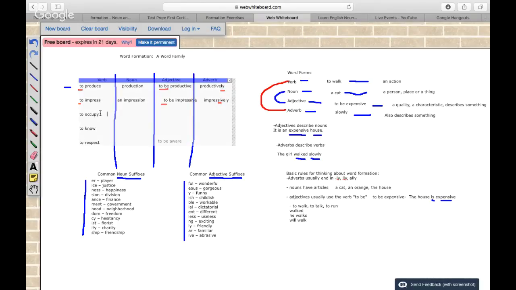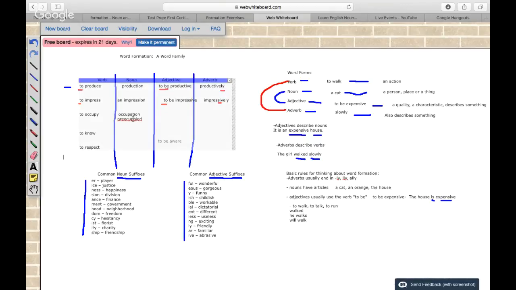Okay, to occupy. Okay, here we could say occupation. And sometimes words have more than one form. They have a lot of words that are related. So if we add pre, we can get preoccupied. Actually, I'm not sure if I spelled that right.